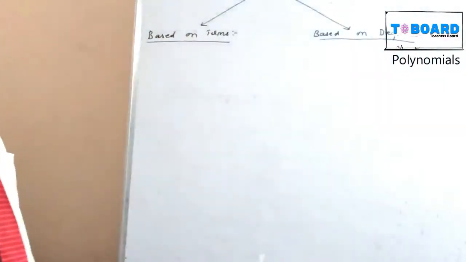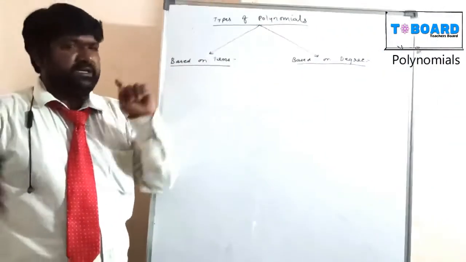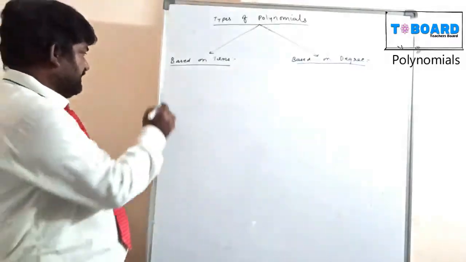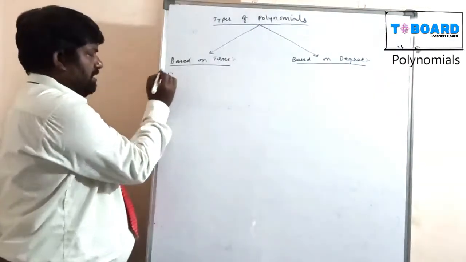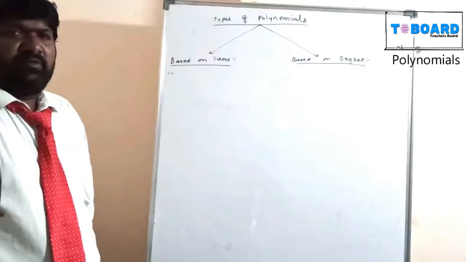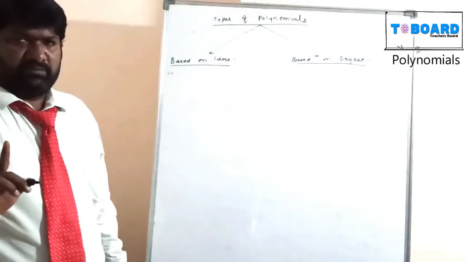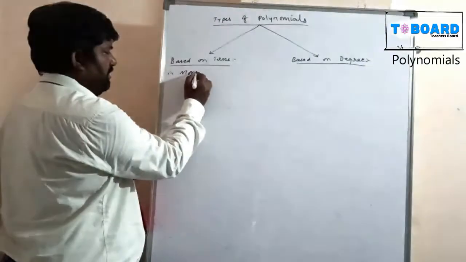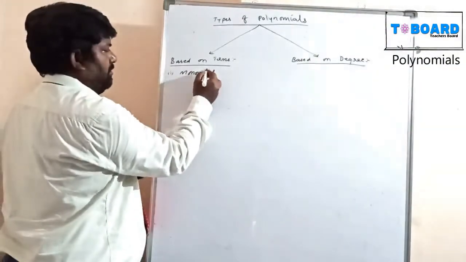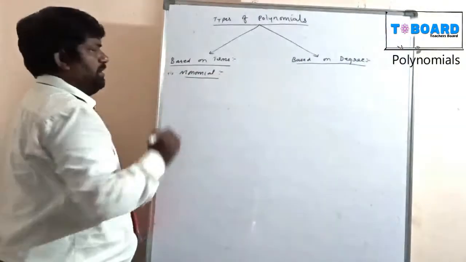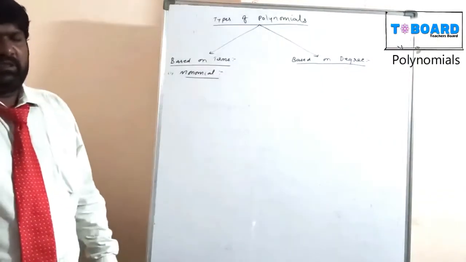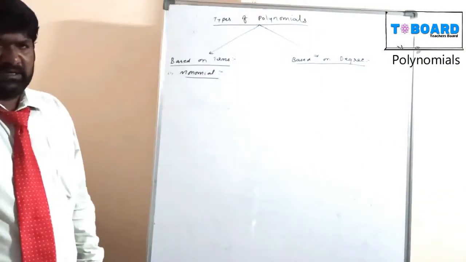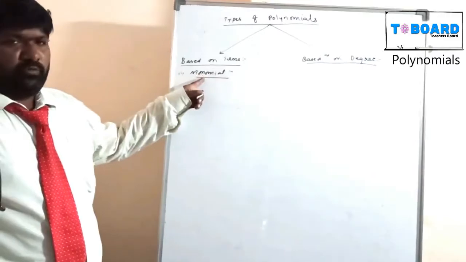First, based on terms, a polynomial with only one term is called a monomial.